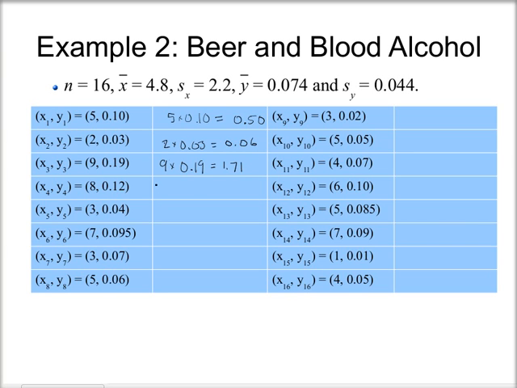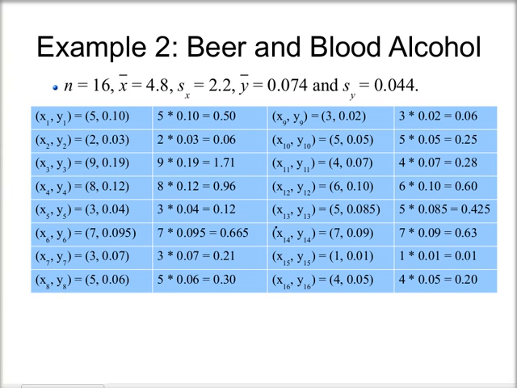For x4 times y4, I've got 8 times 0.12, which is equal to 0.96. For x5 times y5, I've got 3 times 0.04, which is going to give me 0.12. And I just keep going and fill in the rest of the chart this way. I'm just multiplying the x values times the y values. And once I've done that, this is what I end up with.